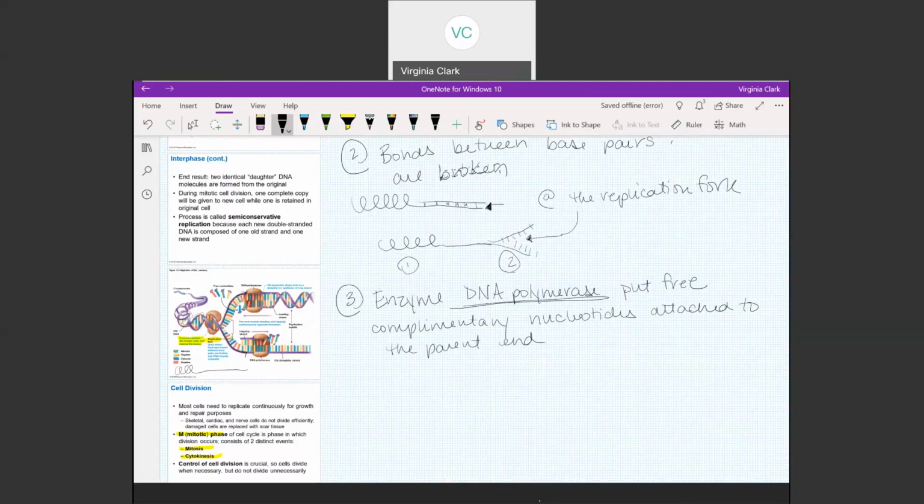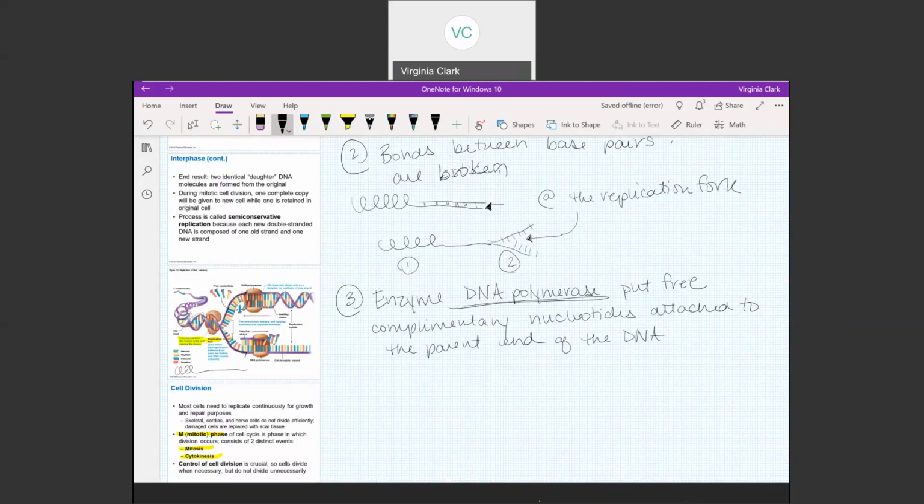Okay, that's a lot of information. So it's going to put free complementary nucleotides, but it's going to attach them to the parent end of the DNA. So to start with, we have a polymerase, which is an enzyme.